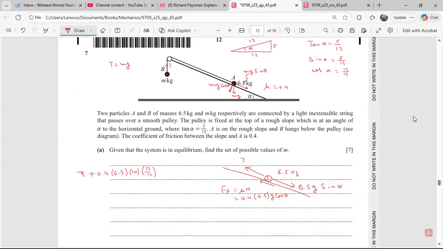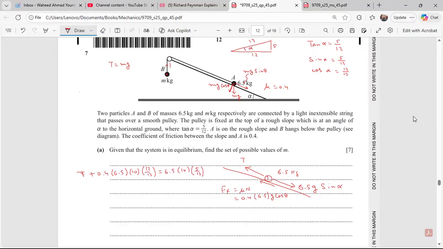This upward force is balanced by the downward force, 6.5 times 10 times sine of theta, and sine of theta is 5 by 13.